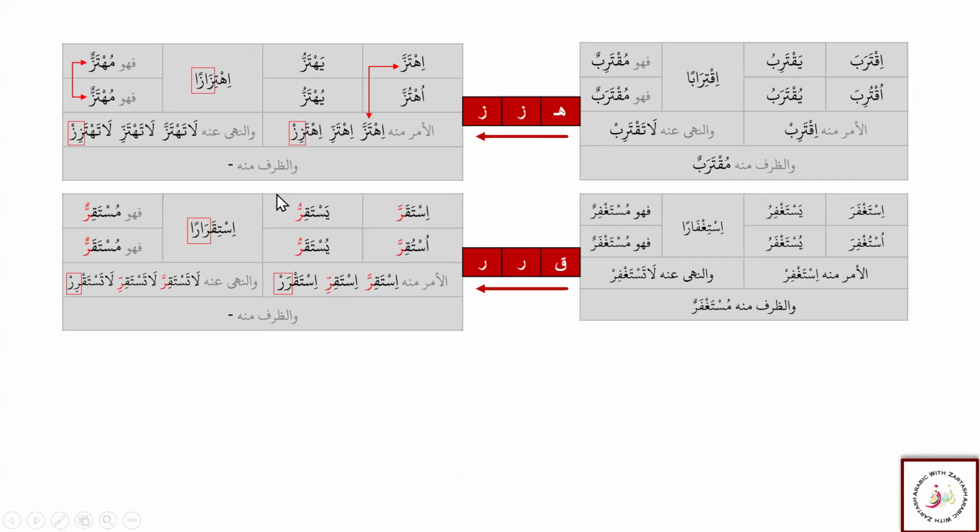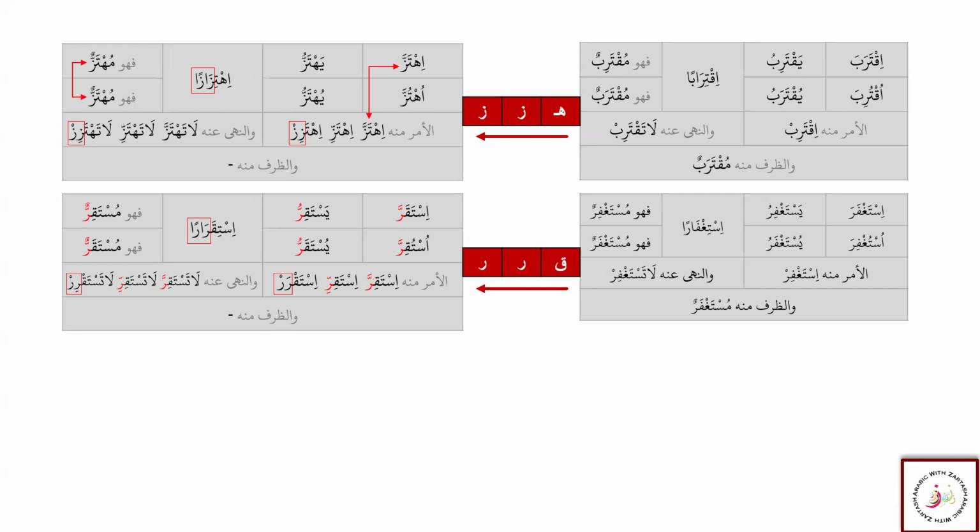You can see here we fused the two letters, the double letters. Ihtazaza becomes Ihtazza. Yahtazzu, ihtizazan, fahuwa muhtazzun. Ihtazza, yahtazzu, ihtizazan, fahuwa muhtazzun. Al-amru minhu: ihtazza, ihtazzi, ihtazziz. Wa nahyun anhu: la tahtazza, la tahtazzi, la tahtazziz. Again, splitting here. Wa zarfu minhu muhtazzun.